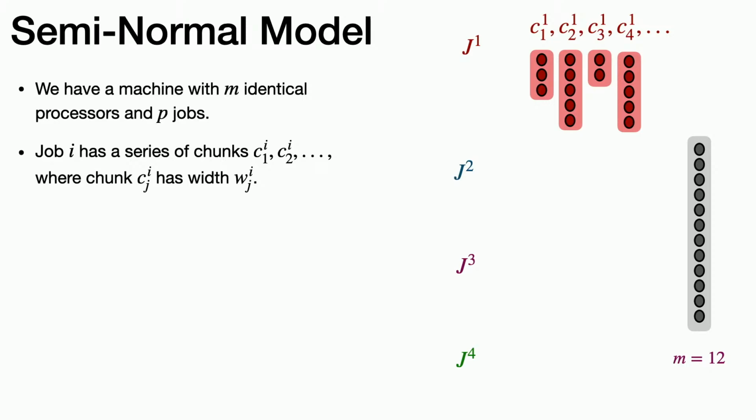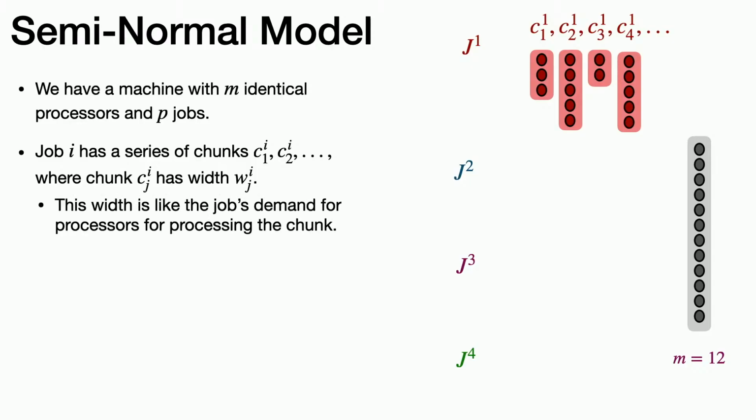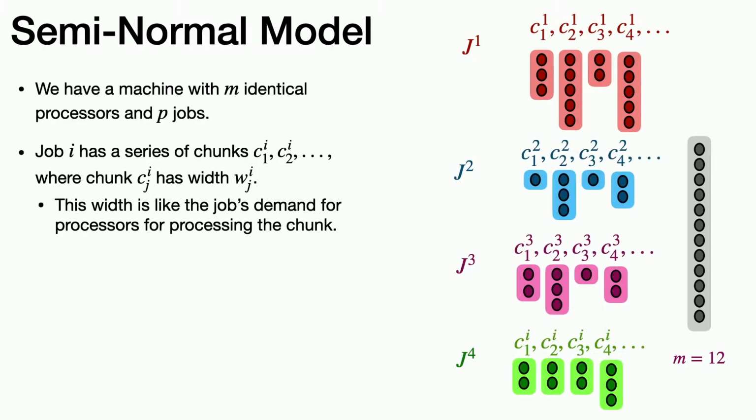They can be any size, okay? Hopefully less than 12. And the same thing for all the other jobs, okay? And you can think of the width of this chunk as the job's demand of processors for processing this chunk. So the first job needs 3 processors to process its first chunk, okay?